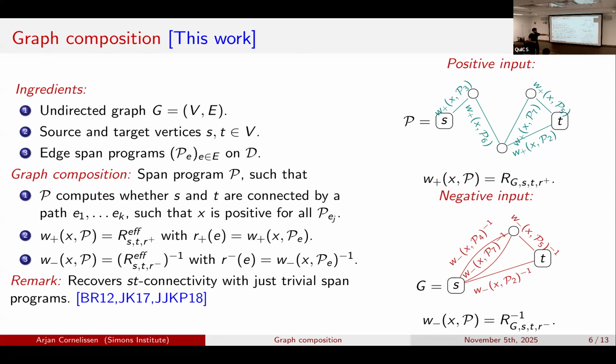That was already known before, and graph composition generalizes ST connectivity to arbitrary span programs on each of the edges. Also, in the original framework there's also an effective resistance computation. Yes, if we plug a trivial span program into your framework, then all of these will be one. They already had some weights inside, so they knew a little bit more, but this is a more generalized way of looking at it.